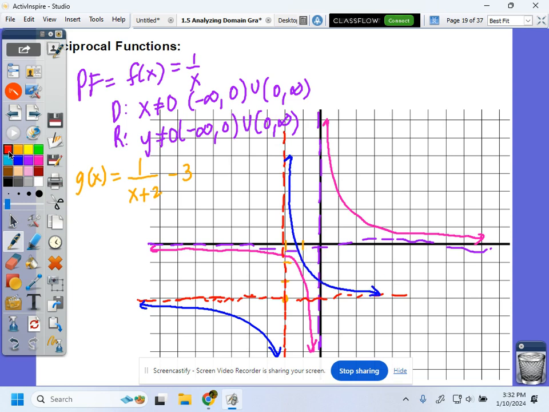So for the g of x, the domain there, all real numbers except -2, which you can write from -infinity to -2, parenthesis, union -2 to infinity, and the range here is from -3, so y cannot be equal to -3, or we can say from -infinity to -3, union from -3 to infinity. And that's the idea of graphing reciprocal function.